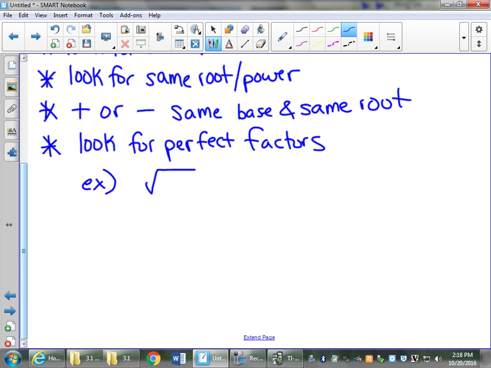When we had the square root of 24, we would break this down by looking for a perfect square that went into 24, which would be 4, and it goes in 6 times to get 2 radical 6. I can do that same idea, but with other roots. So if I changed it to the cube root of 24, instead of looking for perfect squares that go into 24, I'd be looking for perfect cubes.